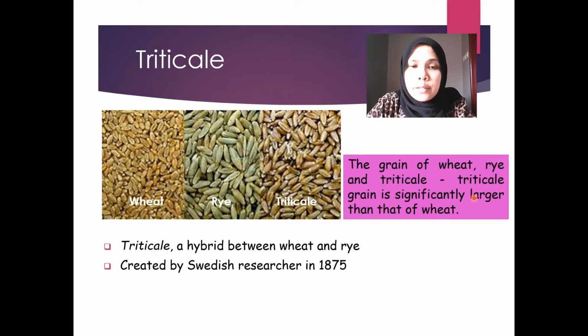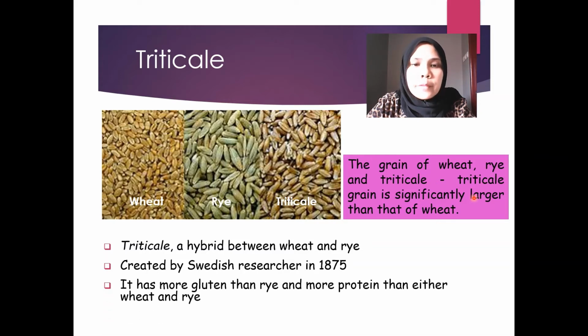It was created by a Swedish researcher in 1875, and it has more gluten. Triticale has more gluten than rye and more protein than either wheat or rye. So the combination of these two produced a plant that has more gluten and more protein than the original plants.